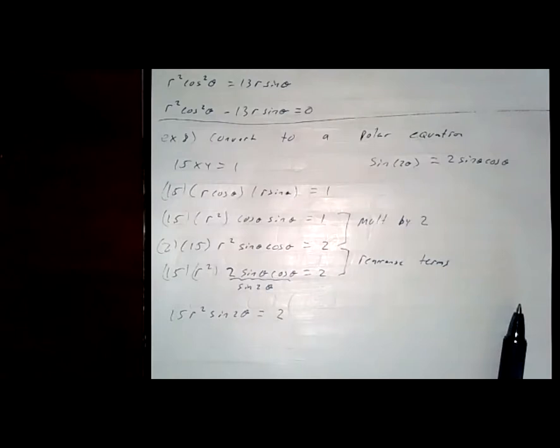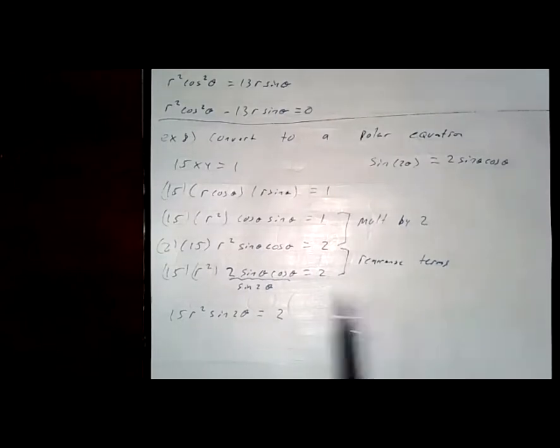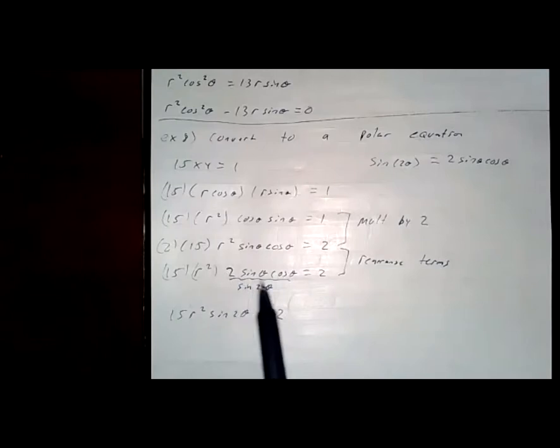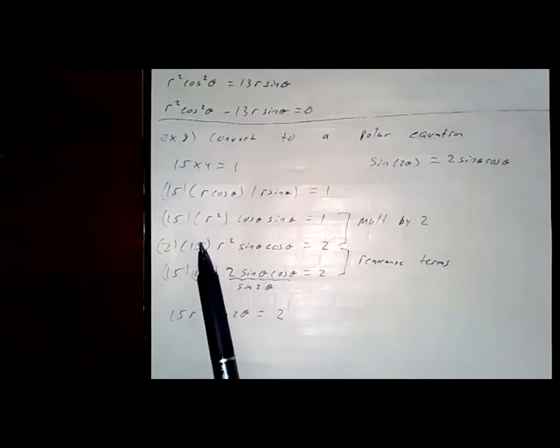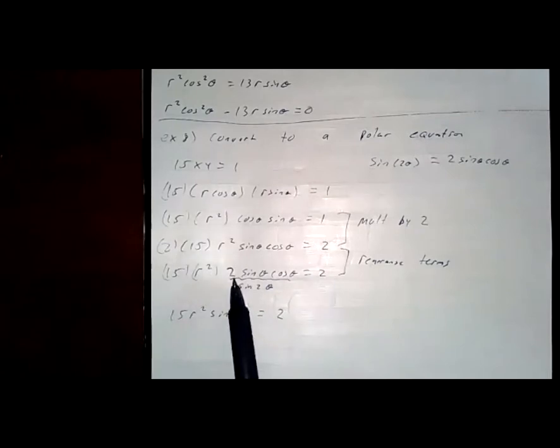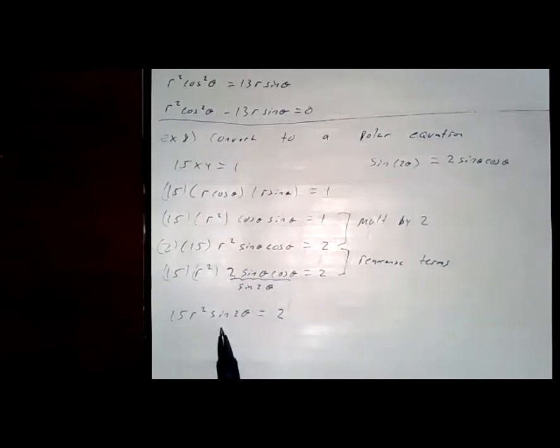It can, if you want it to. I just chose not to, because I was going to use it as part of the substitution, right? So yeah, I introduced the 2, but didn't multiply the 15 to get 30. I moved it over here to replace this with sine 2 theta.